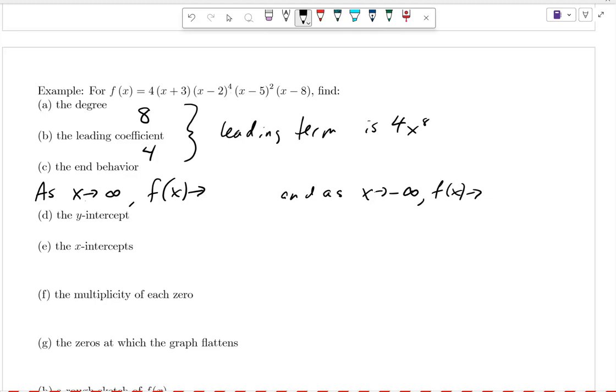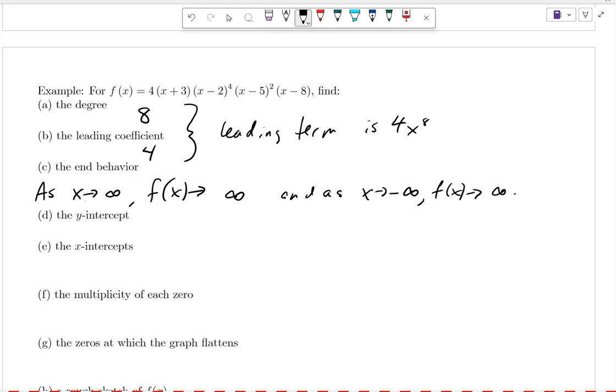Remember, as x goes to infinity means as you go to the right, something happens. As x goes to negative infinity means as you go to the left. Well, you just told me a second ago that both tails point up. So what are both of those answers then for f of x goes to something? Both would be infinity. Good.